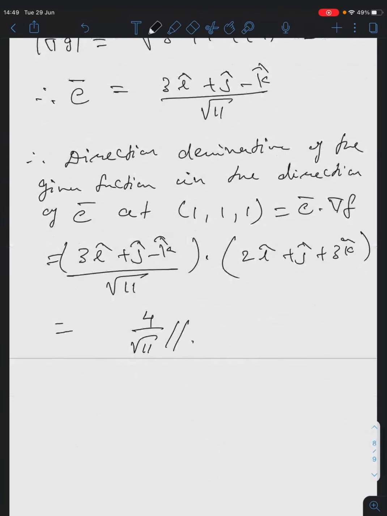And the greatest value of the directional derivative, how will you calculate it? The greatest value of the directional derivative is given by the mod of the gradient of that function.